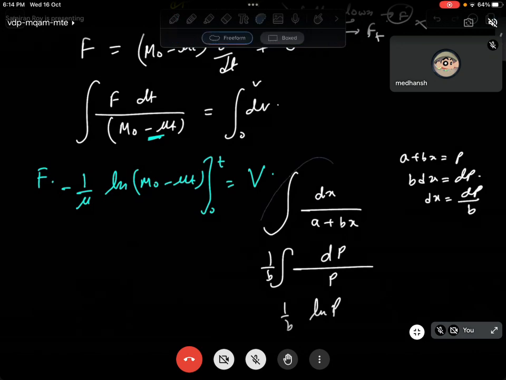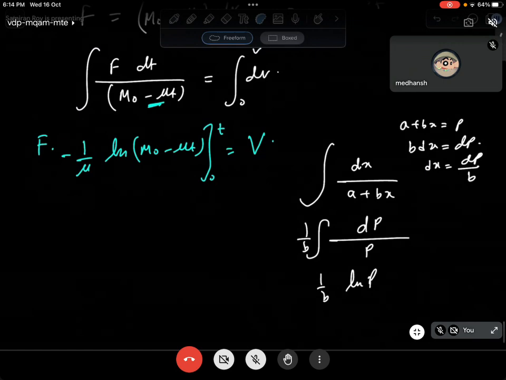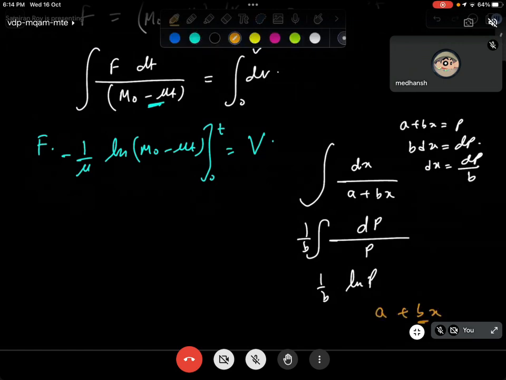Okay. Whenever you have integration of a plus bx, you just take the coefficient of x outside as 1 by b. Here the coefficient is minus mu, so I took minus 1 by mu outside. Okay. Clear?